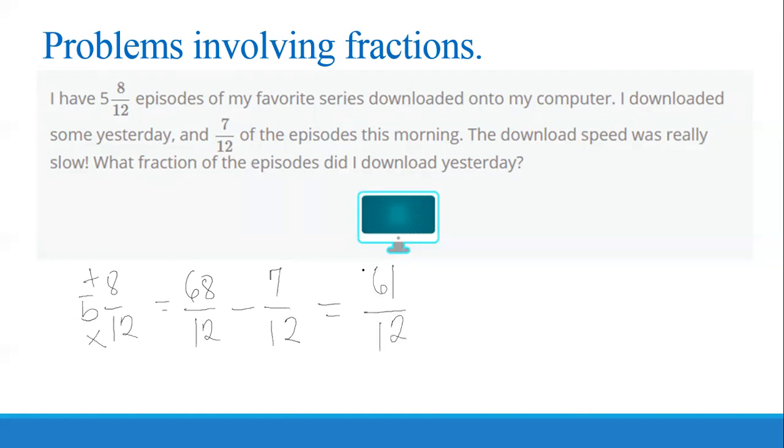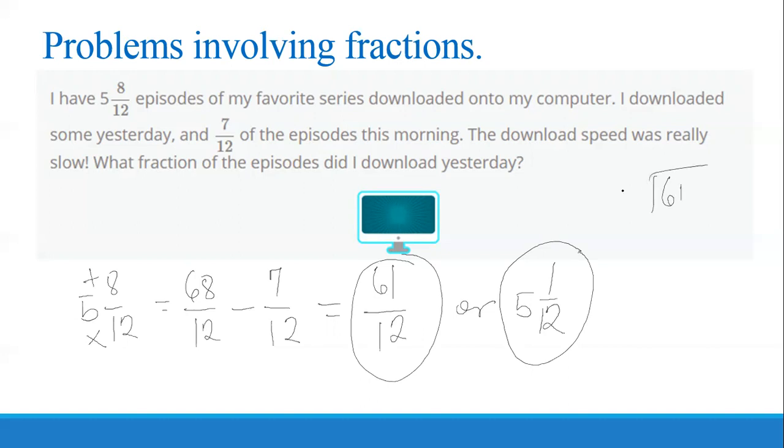And this is now equal to 61/12. So, yung sagot natin ay improper. We have to simplify this one into a mixed number. So, yung sagot ay magiging 5 and 1/12. Okay? So, paano natin ulit nakuha yung 5 and 1/12? So, we just have to divide 61 by 12, which is equal to 5.